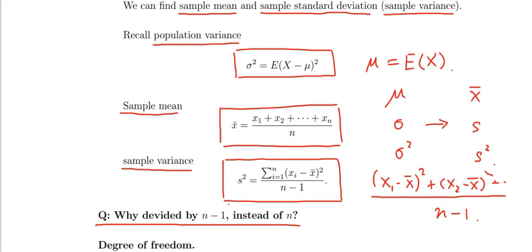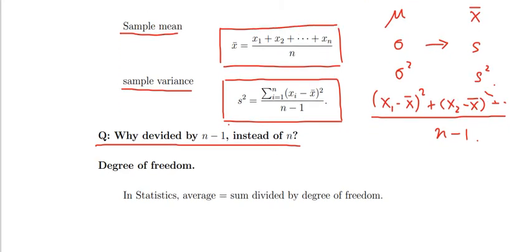To answer this question, we introduce a concept we call degree of freedom. So what is degree of freedom? Suppose we have three numbers, x, y, z. These three numbers are independent, with basically no relationship.